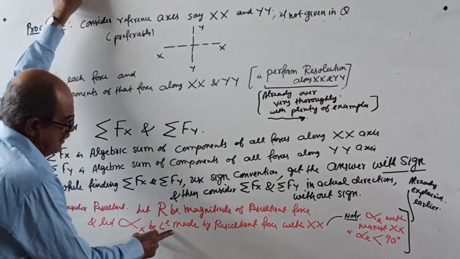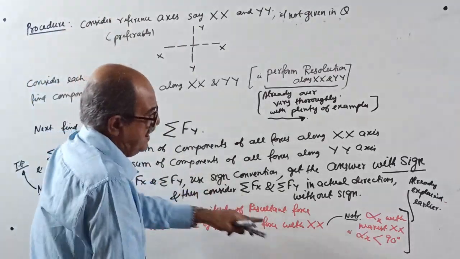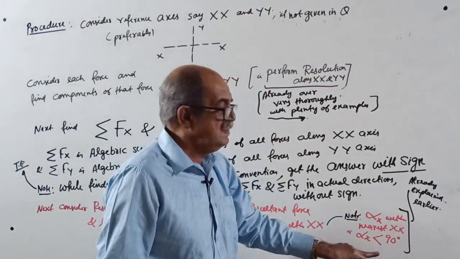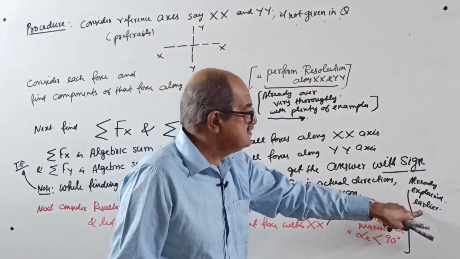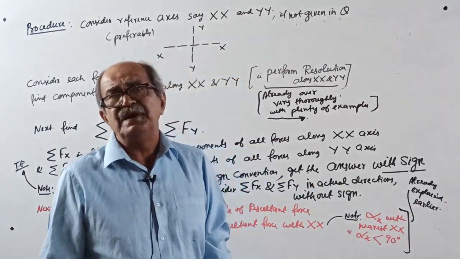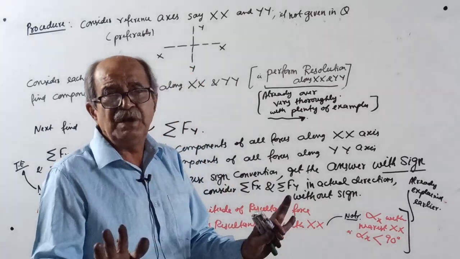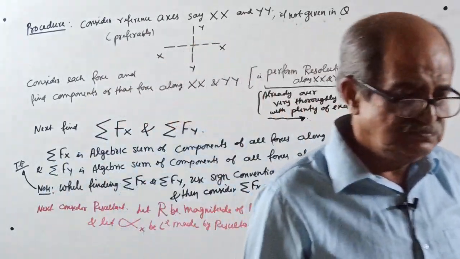Alpha x is the angle made by resultant force with x-x. Note, alpha x with the nearest x-x, less than 90. This also already explained, but anyway will be again explained later. Okay, now last step now, I will close it now.